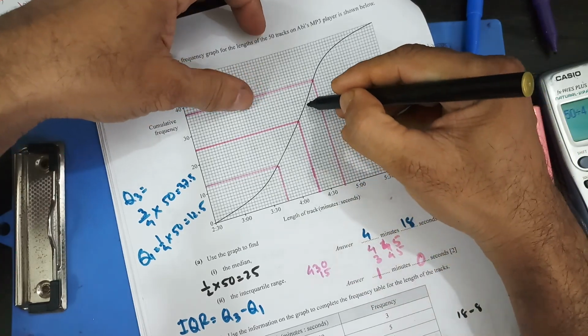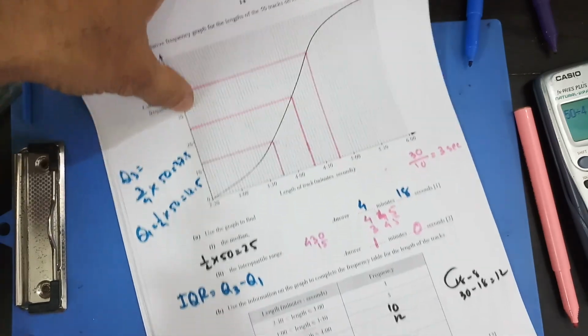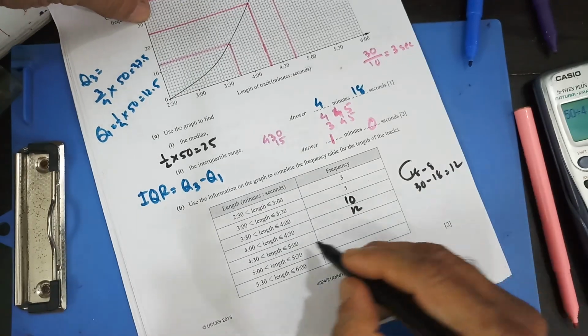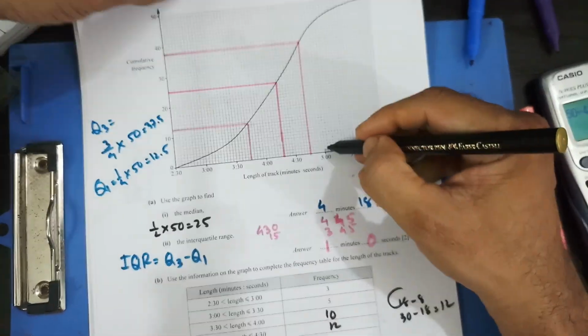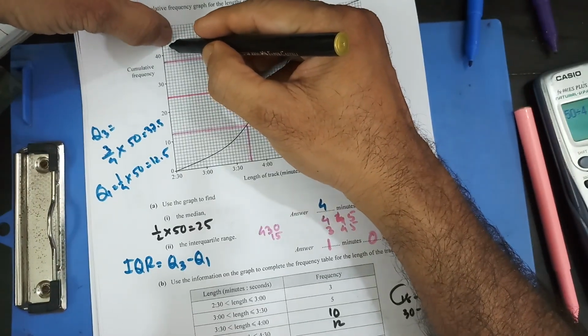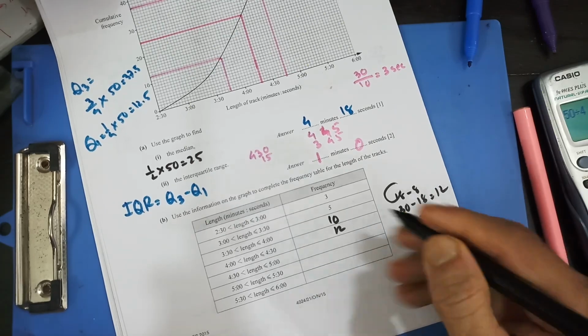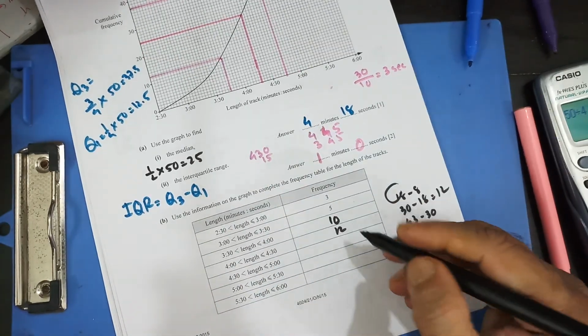And then 4:30 I have here, and that's going to be 30. So 30 minus 18 is supposed to be 12. So this is 12. I hope you understand what I'm doing here. And 5 minutes is going to give me 43. So 43 minus 30, we are going backwards on the cumulative frequency graph.